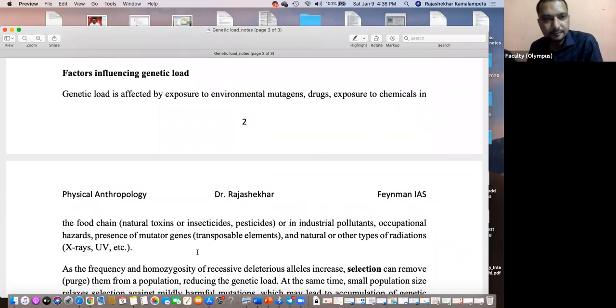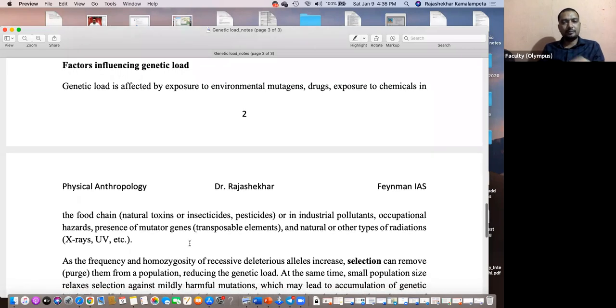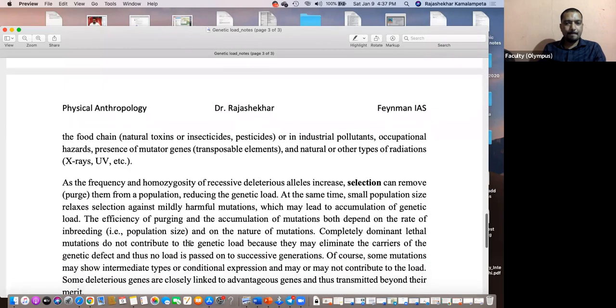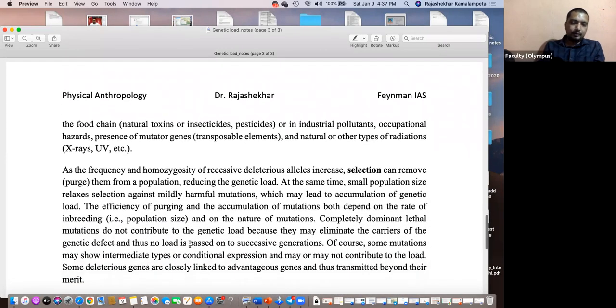All these things could impact the source of variation. They can impact mutations. Genetic load is affected by exposure to all these components. If you're into agriculture, you may be exposed to pesticides. You work in a chemical industry, paint industry, you're exposed to certain chemicals, lead industry. These factors would influence. Genetic load relies on those factors.